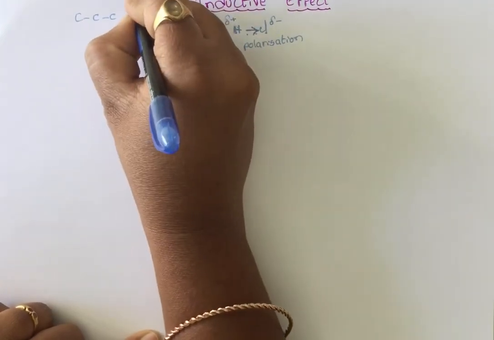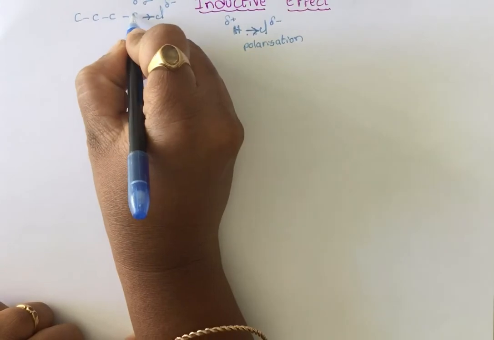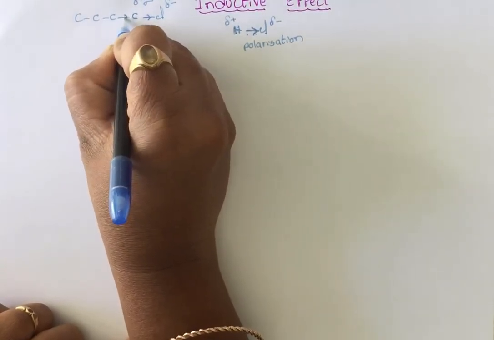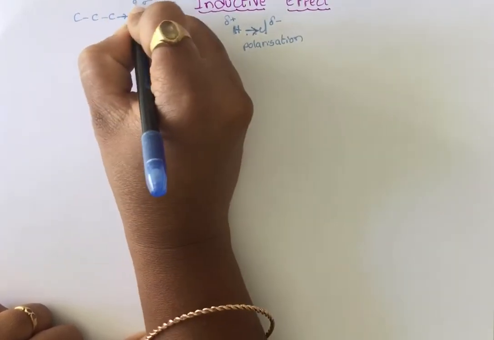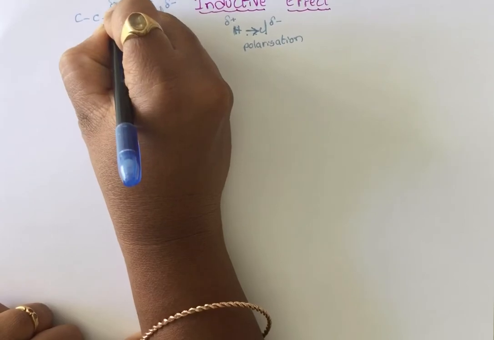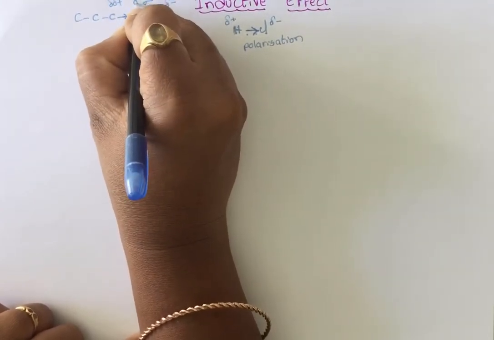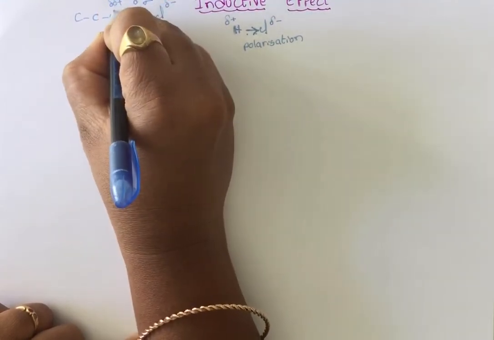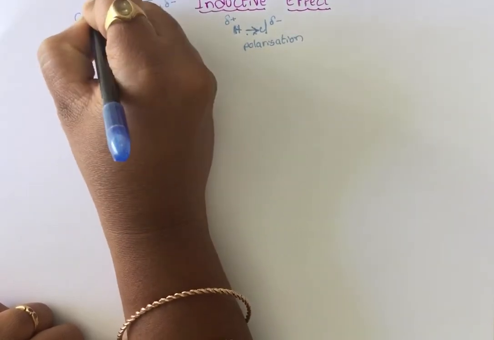The adjacent carbon will get a partial positive charge. Whenever this carbon has a partial positive charge, further it will pull the electron pair towards itself. Then this will develop a little more, only a partial part of this charge. So when compared with this carbon, this one has less charge on it.